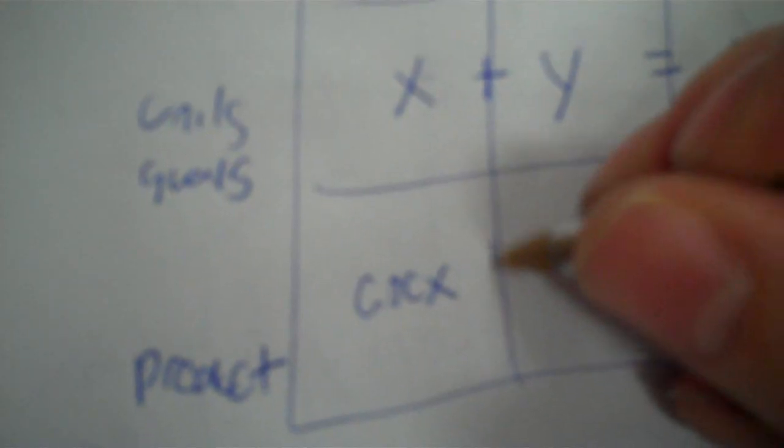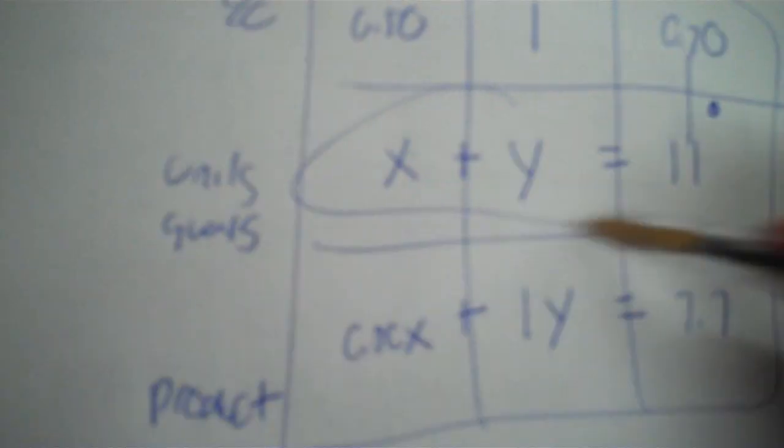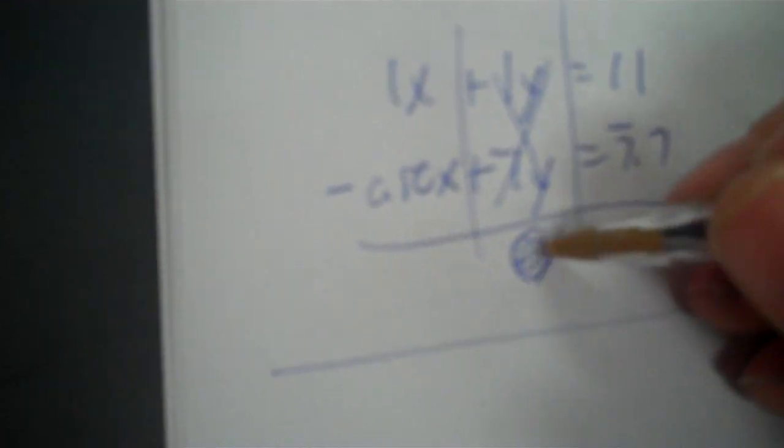Now your product means you just multiply 0.50x plus 1y, and then you're finding 70% of 11. 0.70 times 11 is 7.7. So we have x plus y equals 11. That's my first equation. And my second one is the percent one: 0.50x plus 1y equals 7.7. Now I don't need to multiply here because if I made the bottom negative, then the y's would drop out and y is eliminated.